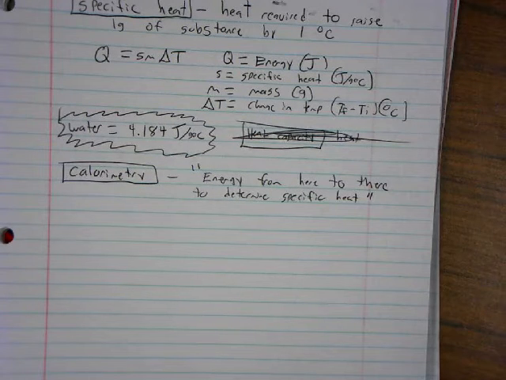That is a pretty good definition of calorimetry in my own words. Energy is going from one place to another to determine specific heat. If you've ever done a calorimetry experiment, you would agree that that is correct. That's what we're going to be doing tomorrow in lab.